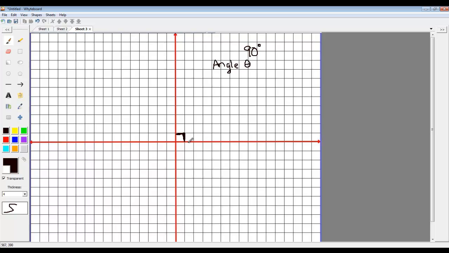Standard position means initial side on the positive x-axis, terminal side somewhere out here. And let's say that the terminal side goes through (0,3).